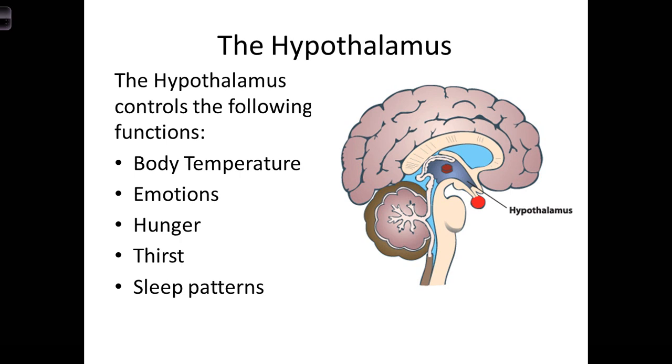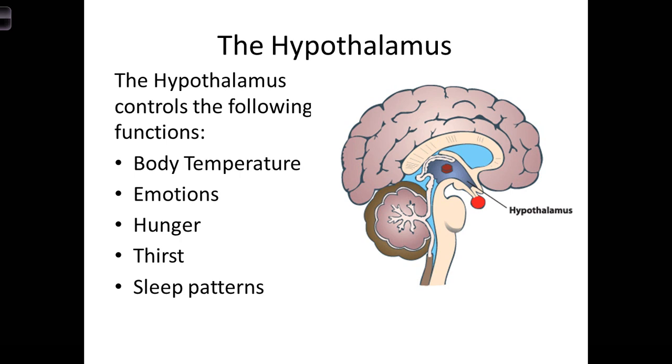And in terms of sleep patterns, this is basically where there's a point just on the edge of the hypothalamus, or in the hypothalamus, that essentially regulates our sense of timing. There's a little part that essentially we call our biological clock. So that tells us when it's time to sleep and when it's time to get up. And we have essentially a sense of time.